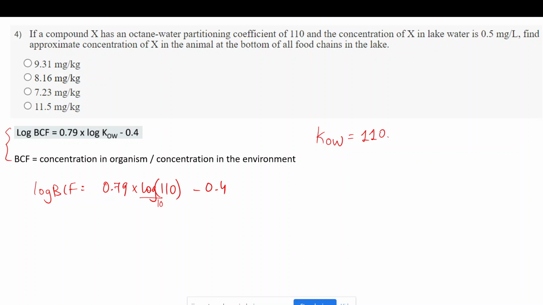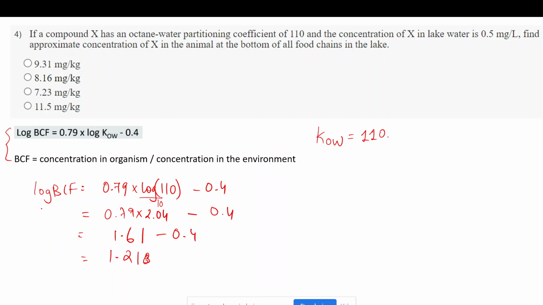You multiply it with 0.79, which gives 1.61. Minus 0.4, this will come out to be 1.213. This 3 you can omit, so 1.21.